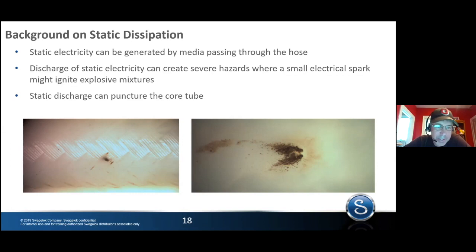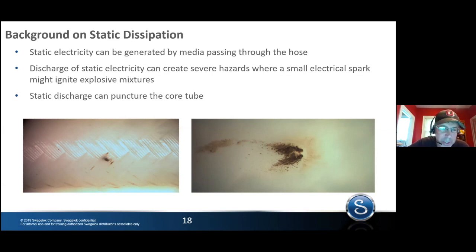What happens is the Teflon actually collects electrons from the media that's flowing through the hose on the inner wall, and these electrons build up. It's very similar to rubbing your socks on the carpet in the winter and then reaching for a light switch. What happens when you reach for a light switch is you get a shock, because the electrons that you built up inside your body need to jump to the closest conductive thing, which is the light switch.